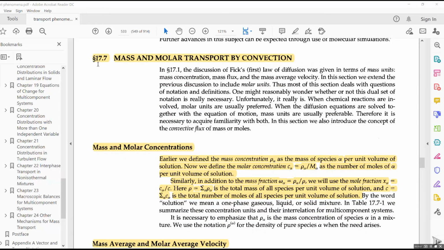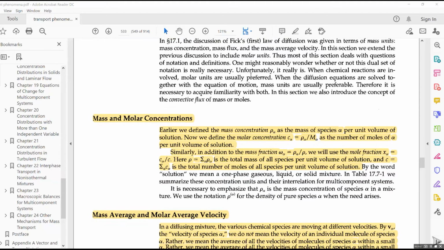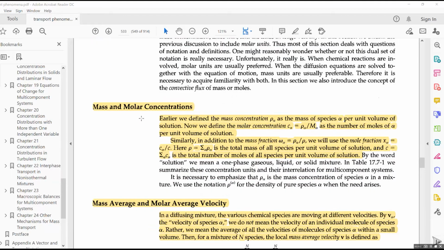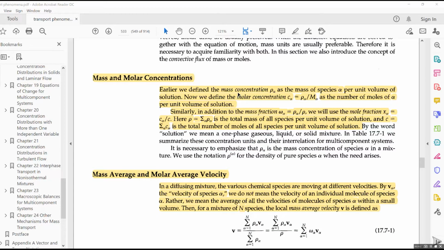Okay, we stop here, and section 17.7 talks about the mass and molar transport by convection. First, it defines the mass and molar concentration. We know the mass concentration of the species; here we call alpha any species, and it is the mass of species alpha per unit volume. We call this density.